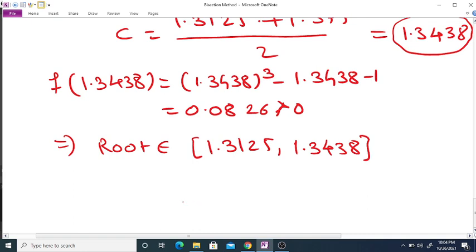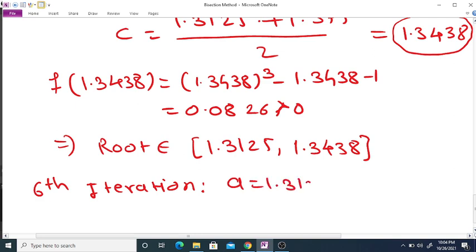Again in the next iteration, the sixth iteration, a is equal to 1.3125 and b is equal to 1.3438.